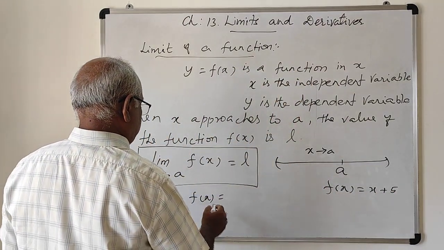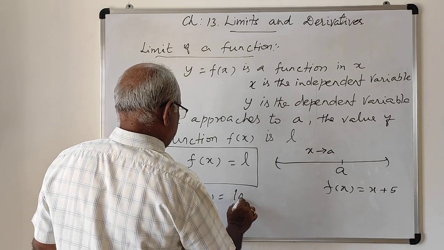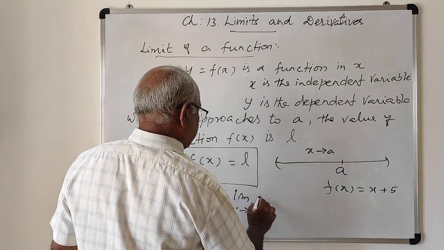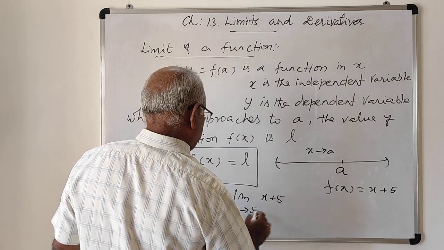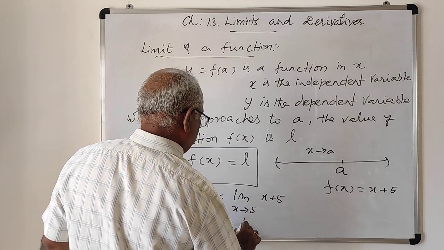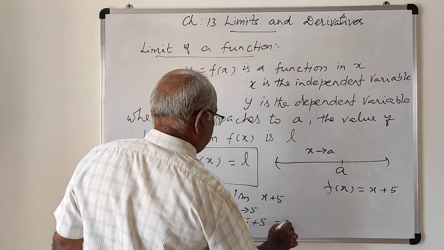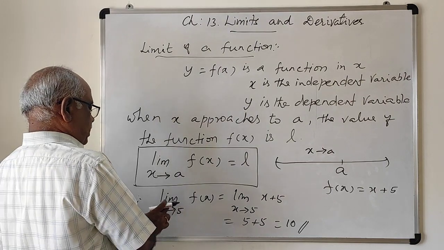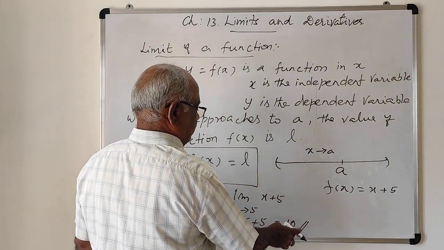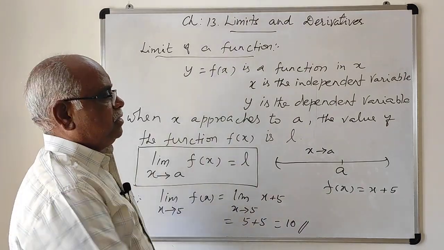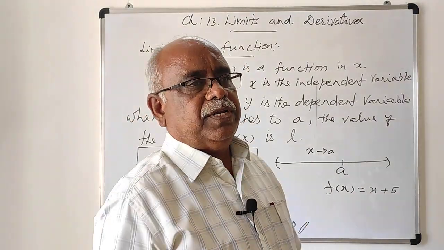So limit x tends to 5 of f of x is x plus 5, that is equal to, x approaches 5, so it is 5 plus 5. So the answer, the limiting value of the function, is 10. Limit x tends to 5 of f of x is 10, where 10 is a constant, here L is a constant. Like that, the limit of a function is explained.